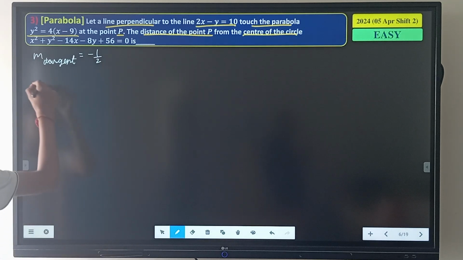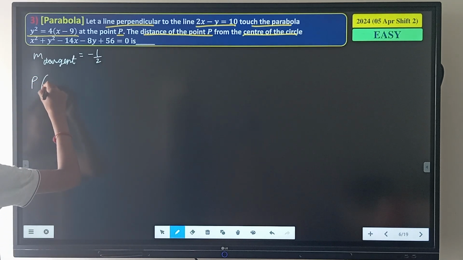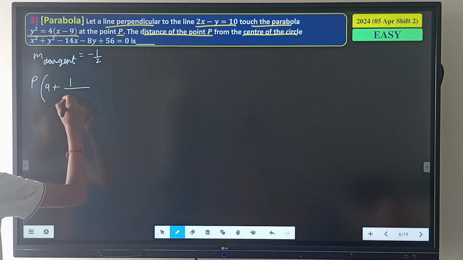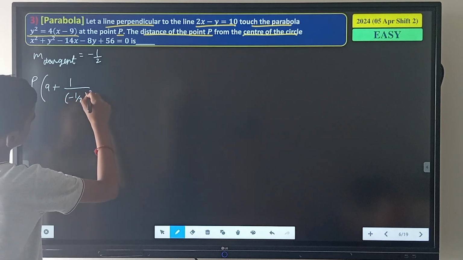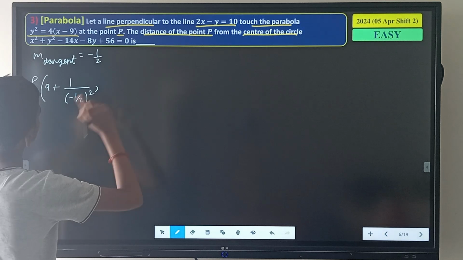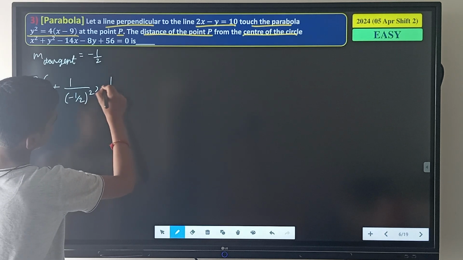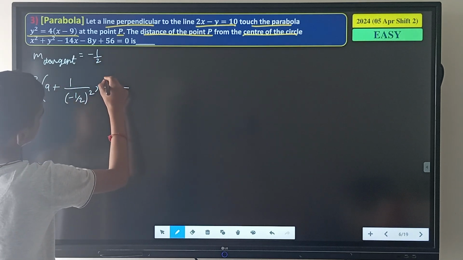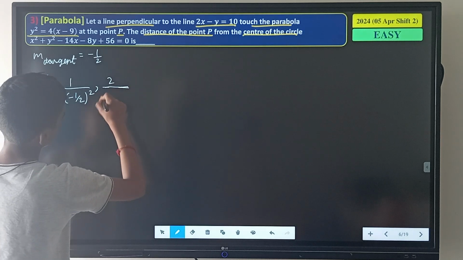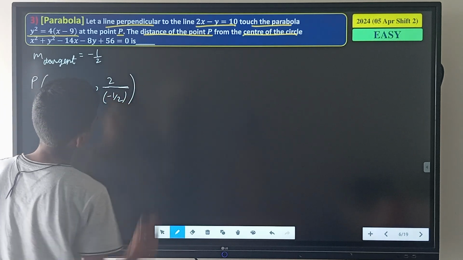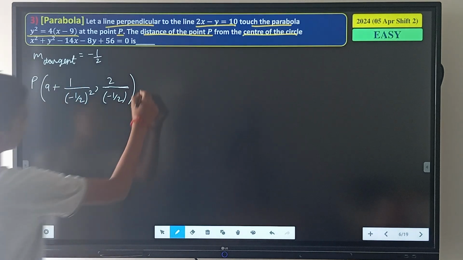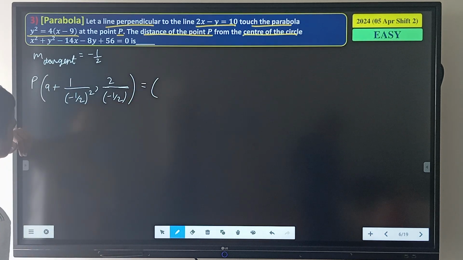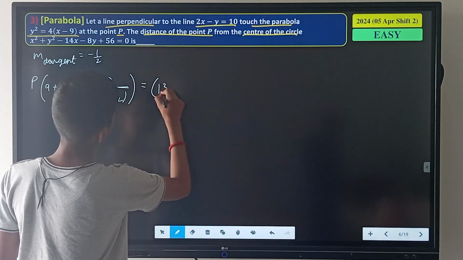Now I can write my point P as 9 plus 1 upon minus 1 upon 2 whole square, comma 2 upon minus 1 upon 2. And this point is equal to 13, comma minus 4.